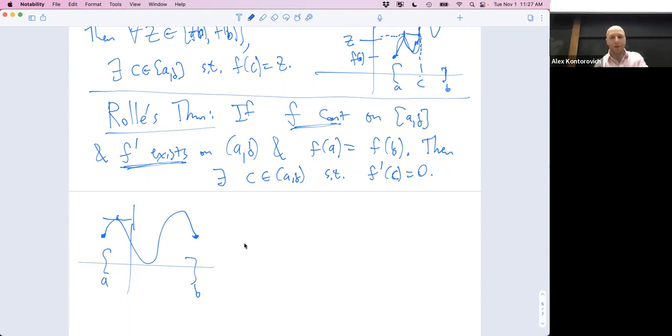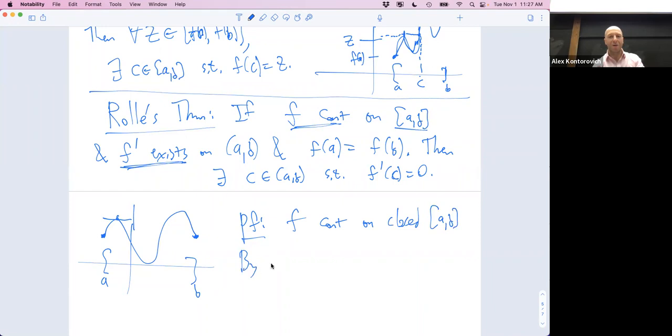Okay, how do we prove this? Let's look at the proof. Let's think about what we know. We have a continuous function on a closed interval. So f is continuous on a closed interval, a to b.